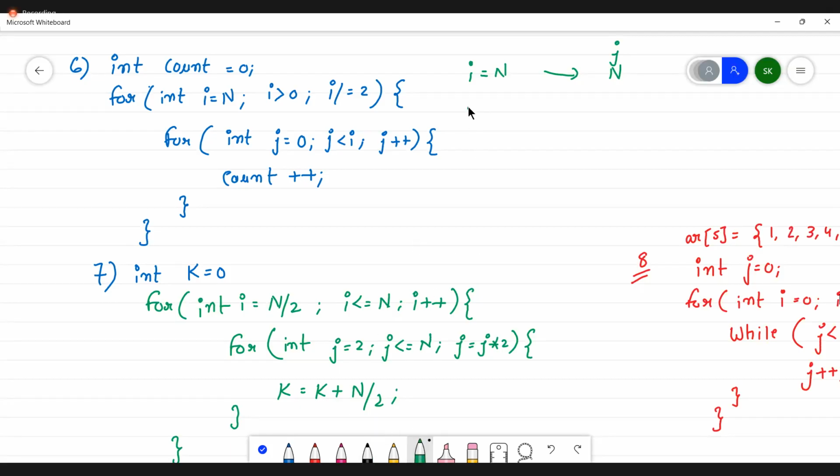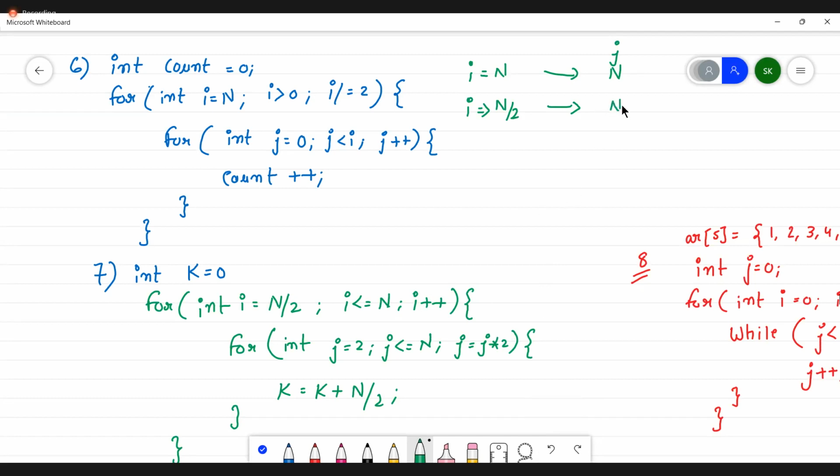Every time it is getting divided, it will become n by 2. How many times will j run? It's less than i, right? So it will run up to n minus 1. Oh, sorry, n only, because from 0 till n minus 1 will be n only.